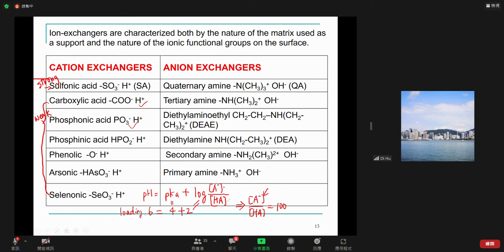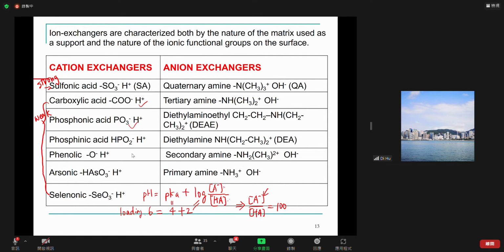How about for elution? For elution, I want to change the pH to get the analyte eluted out. So what should the pH be? The pKa value is equal to 4. If you want to break that interaction for elution and make it neutralized, right? Okay, I see the answer: 2 units, very good.